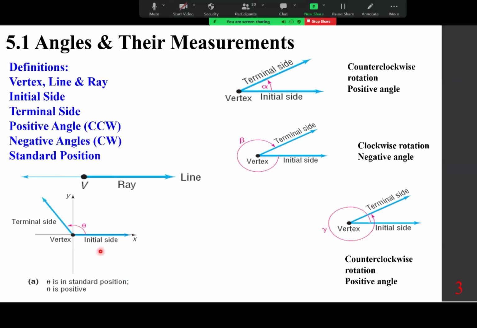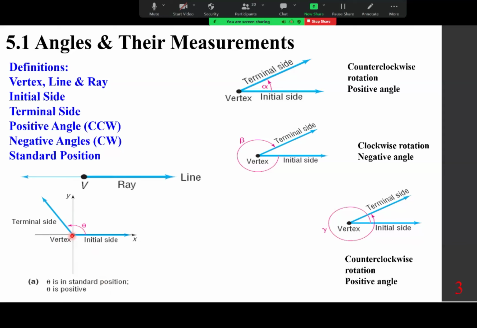When we put the initial side along the x-axis, the angle theta is in standard position. And counterclockwise makes it positive.